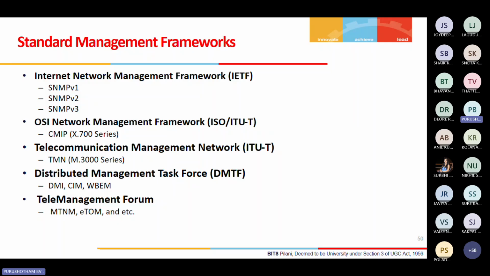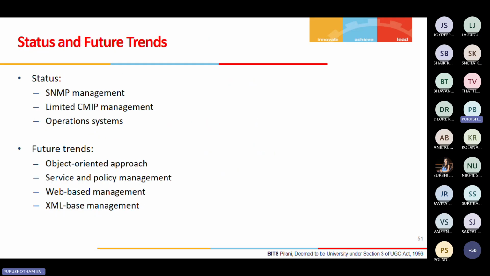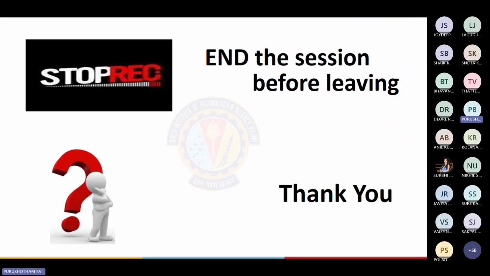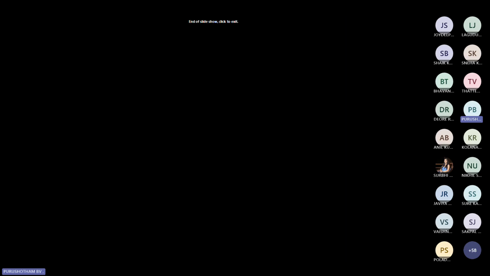ITU-T stands for International Telecommunication Union Telecommunication Standardization Sector. Then there is the Telecommunications Management Network, ITU-T TMN M.3000 series, and the Distributed Management Task Force with DMI, CIM, and WBEM as standards. The TeleManagement Forum has MTNM, eTOM, etc. The current status is SNMP management and limited CMIP management, and some of the OSs play a role. Future trends include an object-oriented approach, services and policy management, web-based management, and XML-based management.